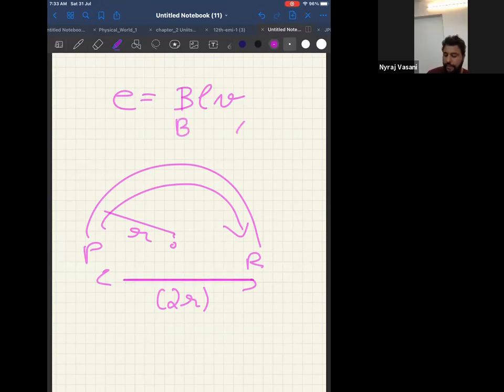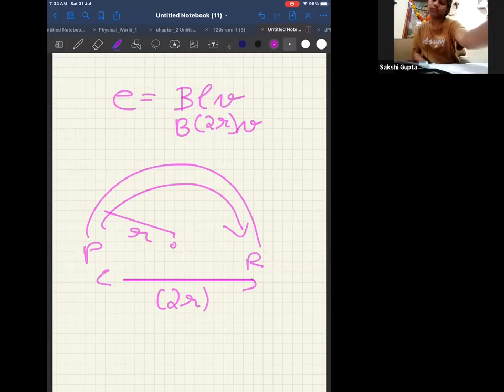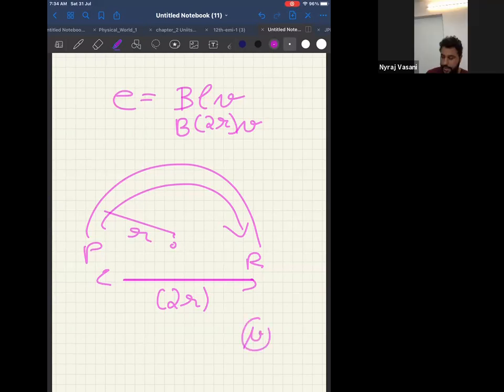Therefore, B as it is, V as it is, the total length will be 2r between P to R. Now, my answer for EMF is B into 2 into R into V. Tell me which option matches it? Option B. Got it?